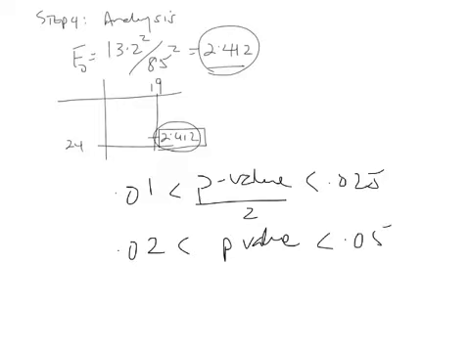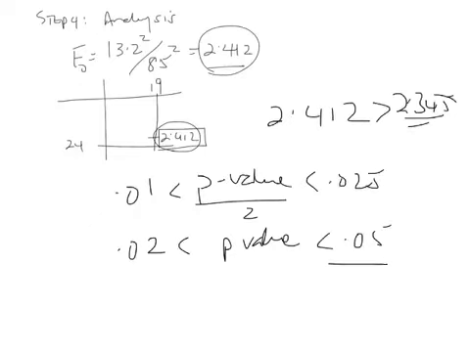So what we're seeing here is our p-value is less than the significance level. But not only that, our 2.412, which is our observed value, is greater than the critical value of 2.345. So we will have to reject the null hypothesis and conclude that there is sufficient evidence that those two variances are not the same.